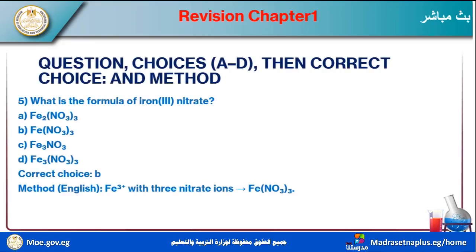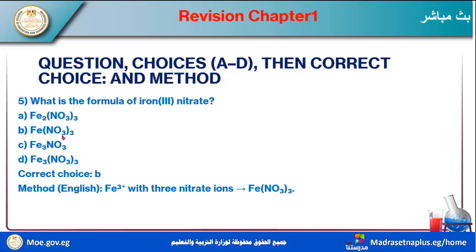Number 5. What is the formula of iron(III) nitrate? Iron, Fe, the valency is 3. Nitrate, NO3, monovalent. So Fe(NO3)3. Okay, this one is incorrect.